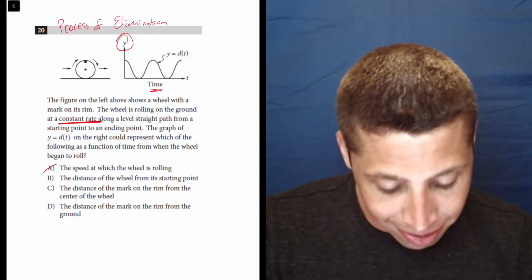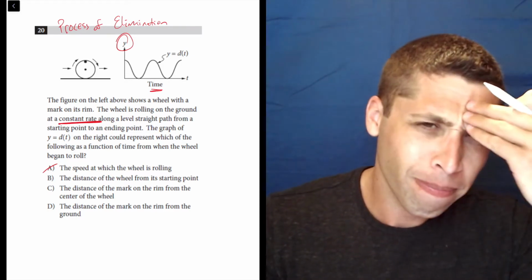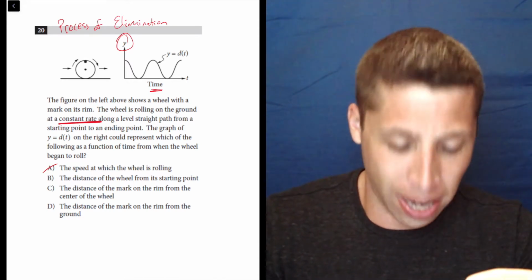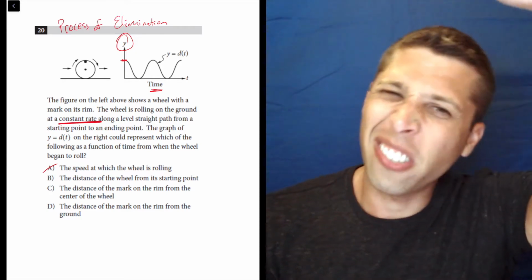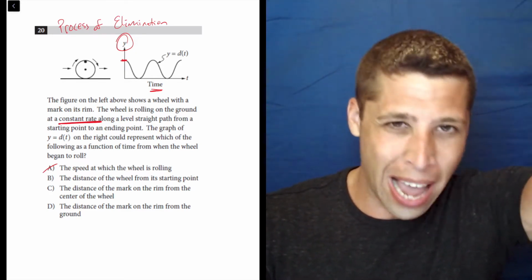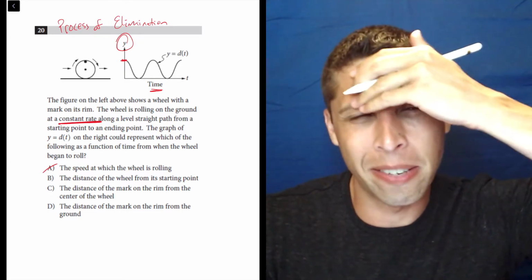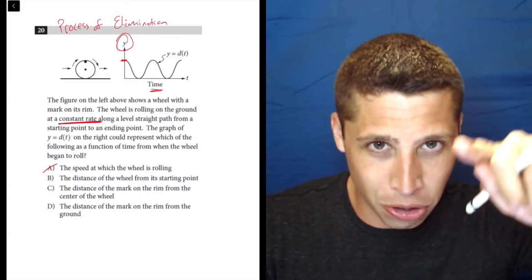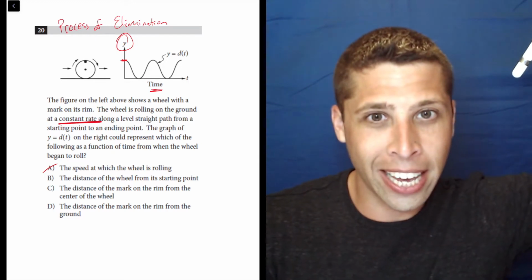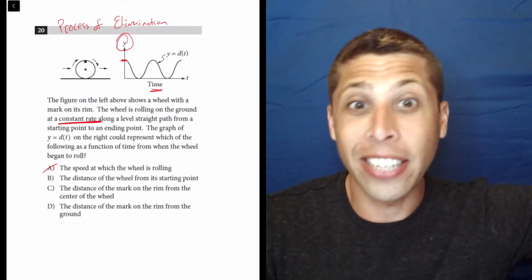B, the distance of the wheel from its starting point. Well, again, think about what the graph is saying. The graph is saying that the distance starts away from its starting point. That doesn't even make any sense. And then the wheel is going to its starting point and then leaving it again and then coming back and leaving it again.